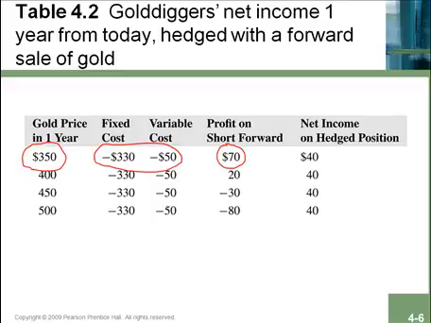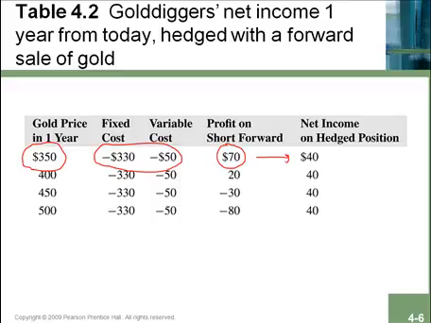So you take that $30 loss, but then you add the $70 profit on the short forward, and you end up with a hedged profit of $40. So again, the short forward contract has locked in a profit that wouldn't have existed otherwise.